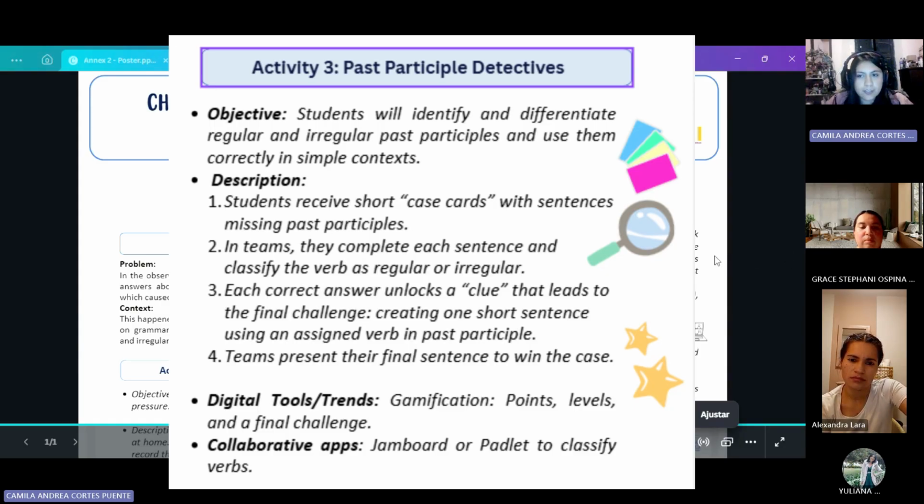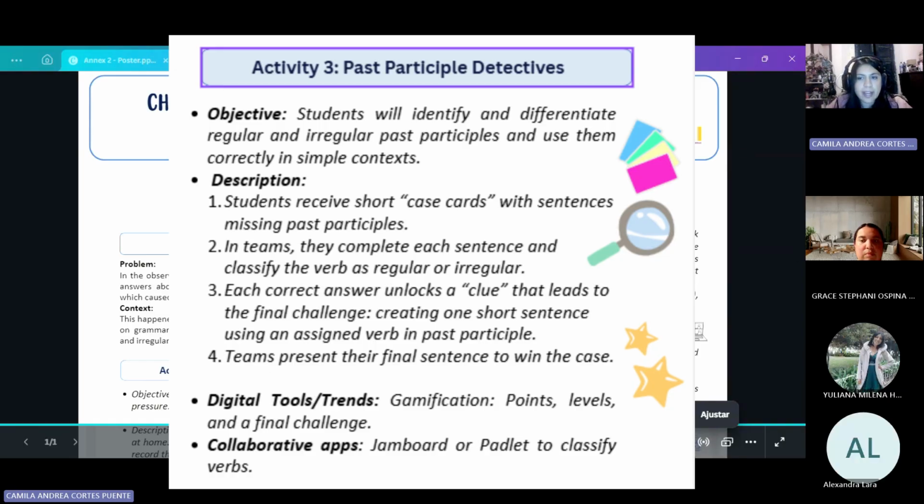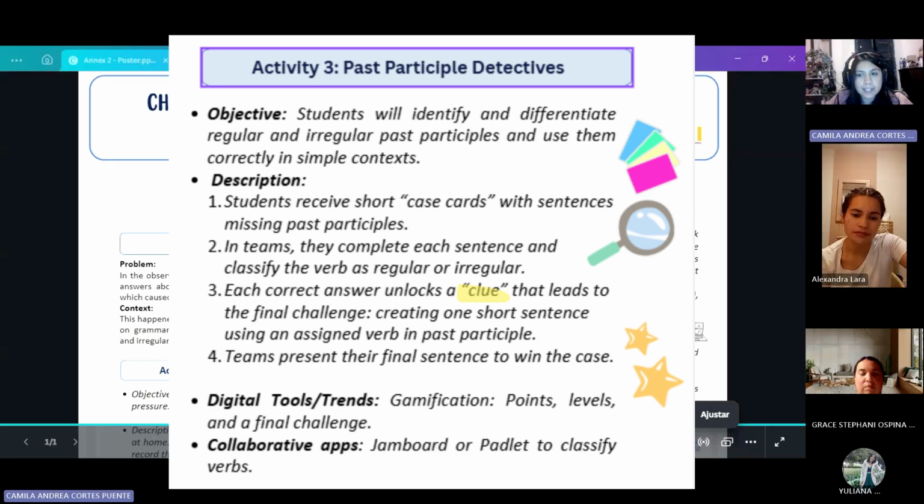In this activity, students first receive case cards containing sentences with missing past participles. Then, working in teams, they complete each sentence and classify the verbs as regular or irregular. Each correct answer provides a clue that leads them to a final challenge, creating one short sentence using a given verb in the past participle form.